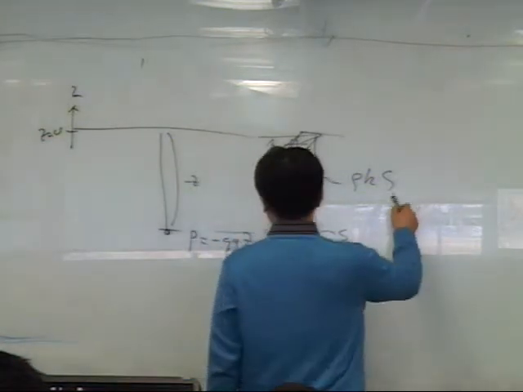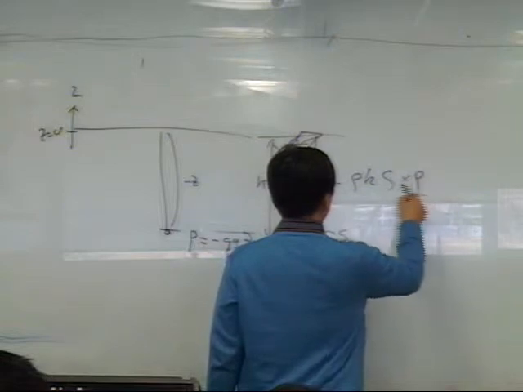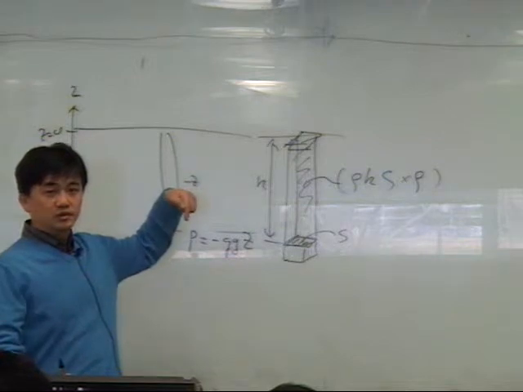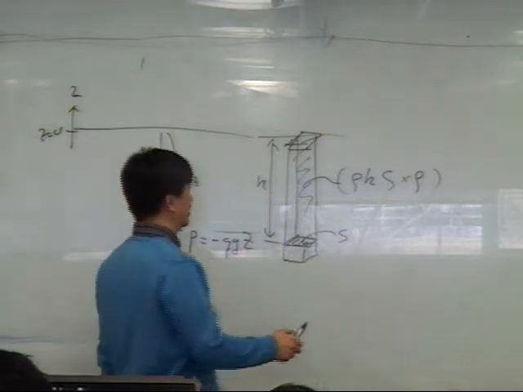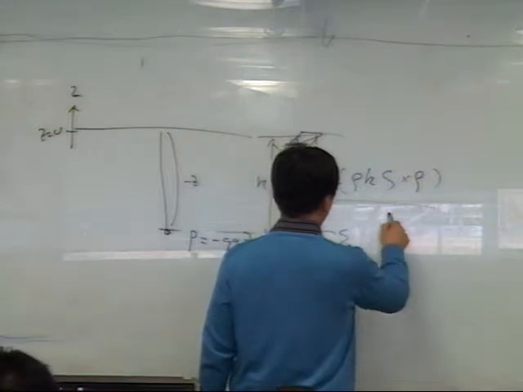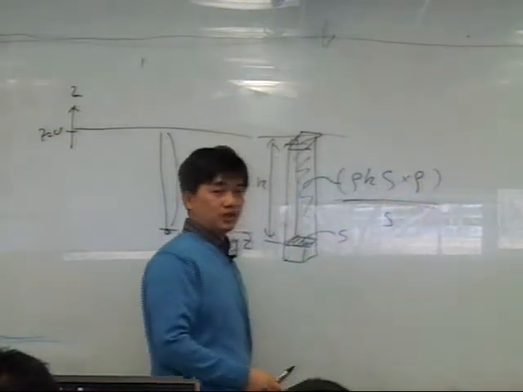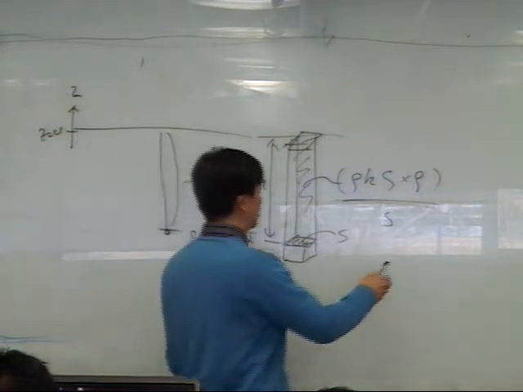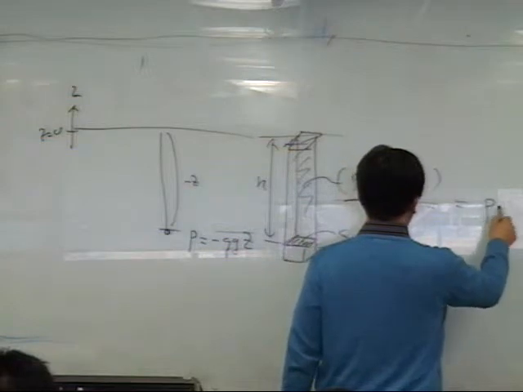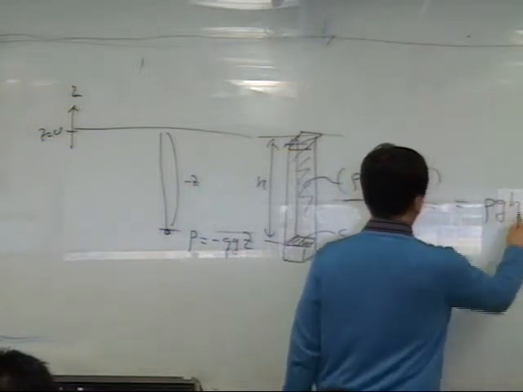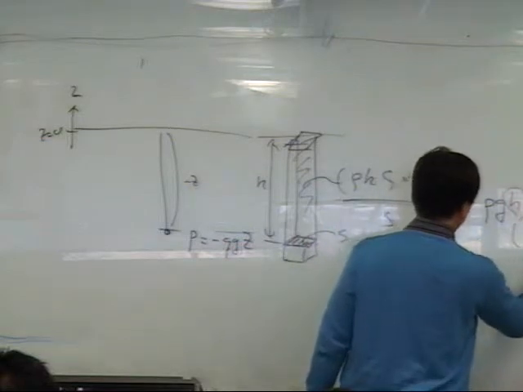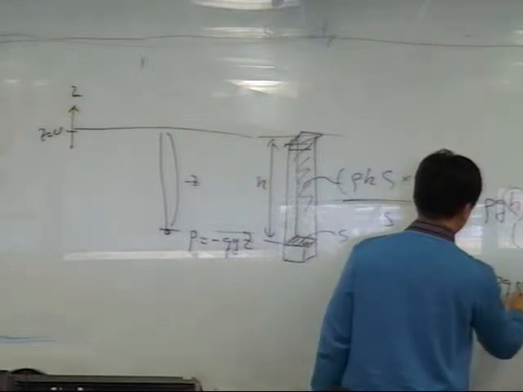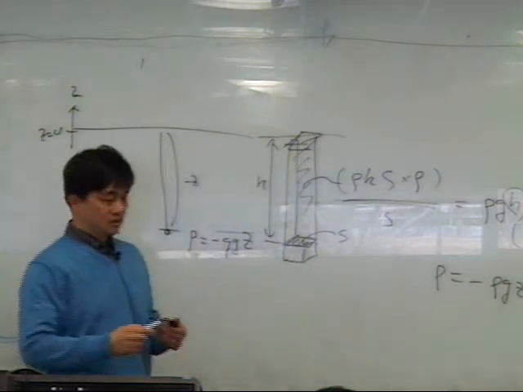If I multiply by g, this is going to be the force due to gravity. And if you divide by S, this is going to be the pressure. Force divided by the surface is rho g H, and here the H is minus z. So our pressure will be minus rho g z, right?